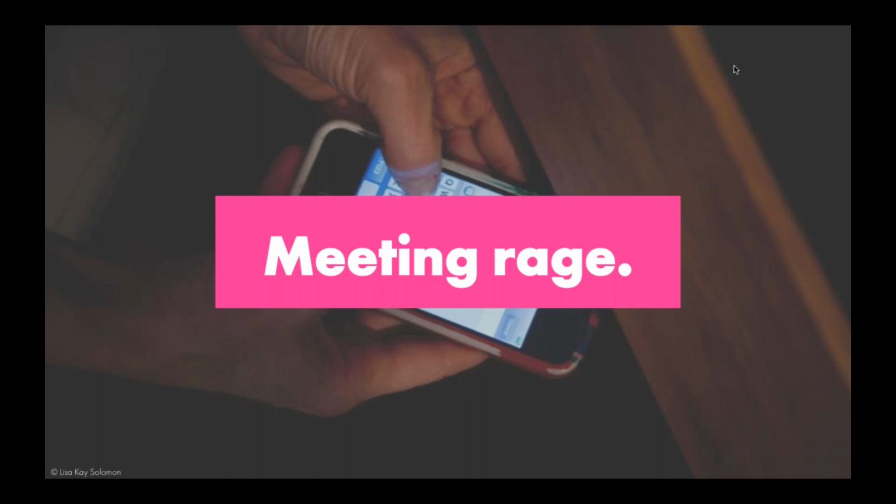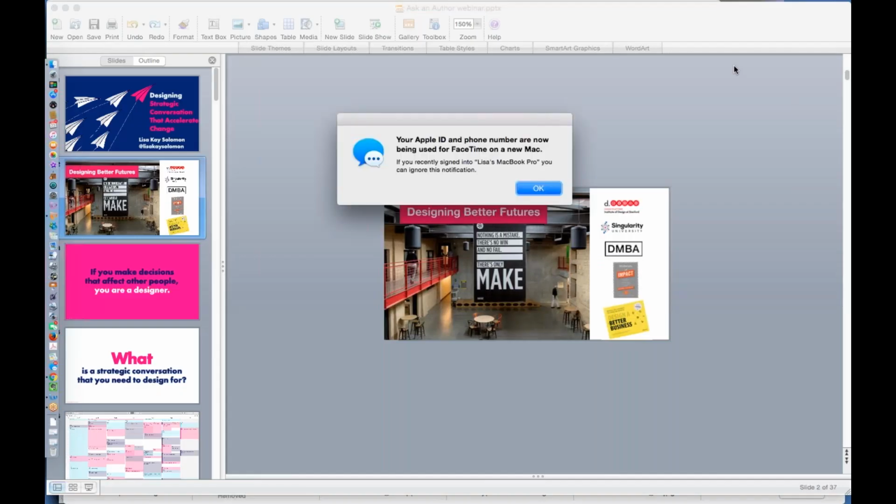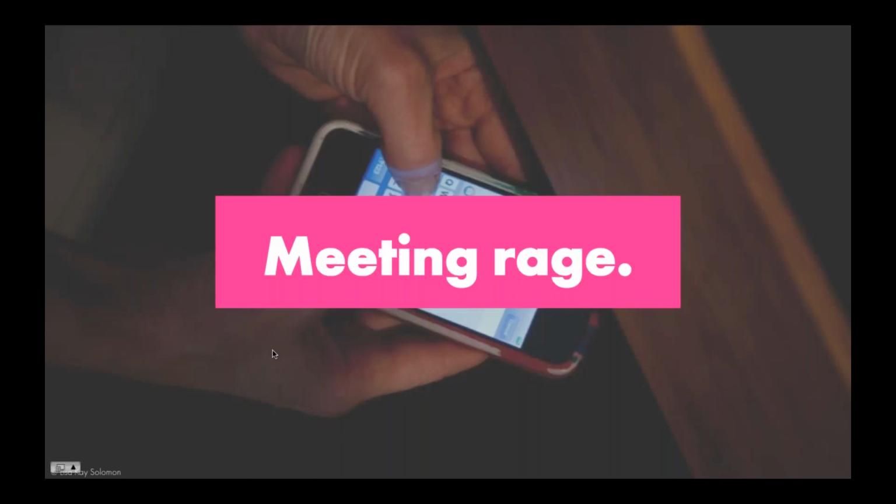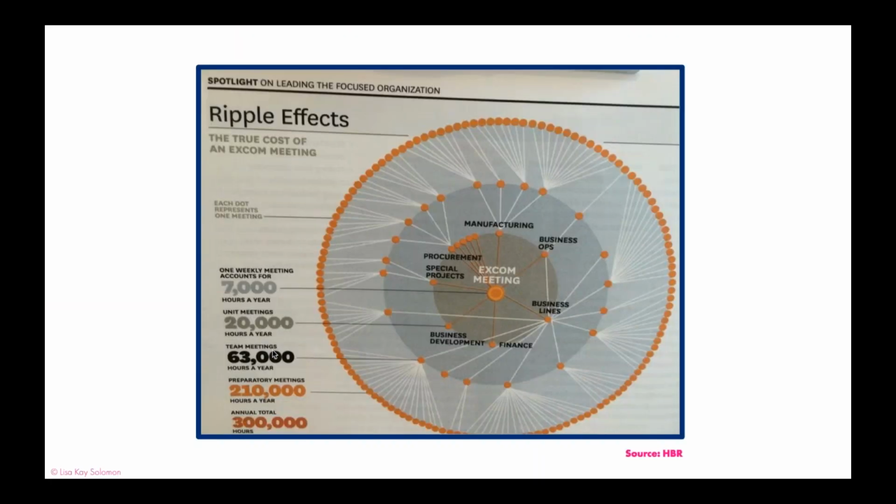There have been more studies done on just how much time we waste in meetings that are unproductive. Harvard Business Review recently had an article on this, and they studied one multinational organization, and they found that for the standing weekly executive meeting, it cost the company 300,000 hours of employee time just to get the executives ready to meet with each other.